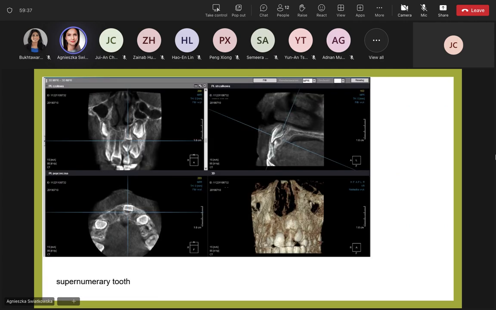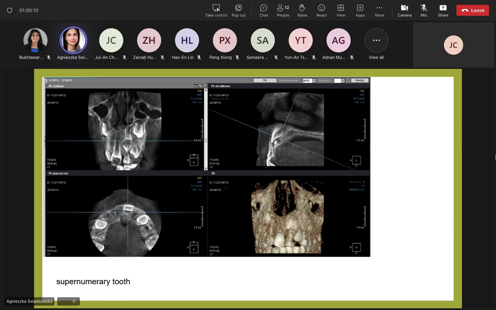Supernumerary tooth, the best method to find where this tooth is, is CBCT. You can see very small crown of additional tooth here just behind the central incisor, and it stops the eruption of this tooth.